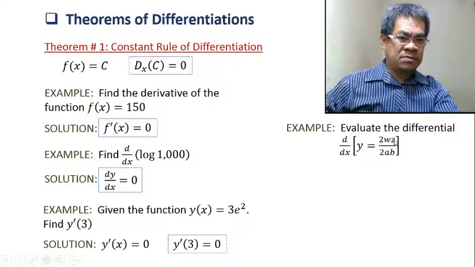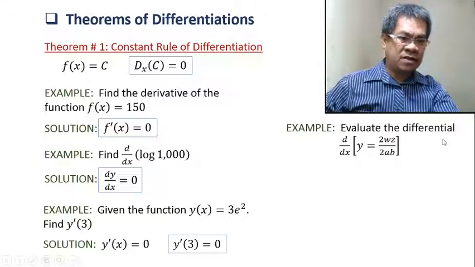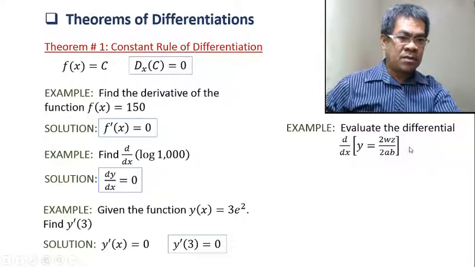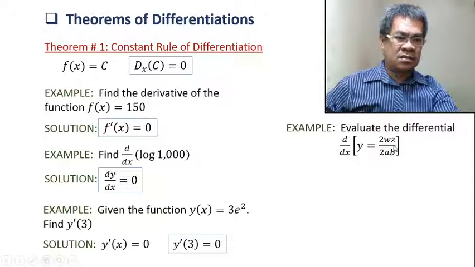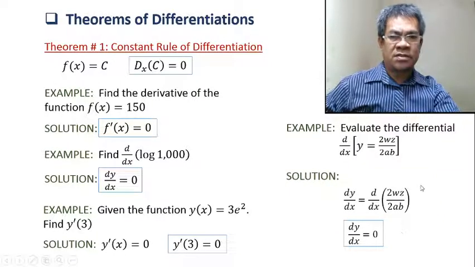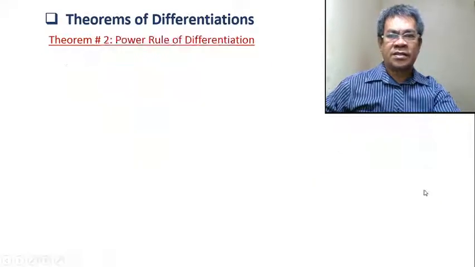Otherwise, if z were specified as a function of x, then we could not treat that as a constant. But in this case, there's no indicator that these literal variables are related to x. Everything can be treated as constant, so the derivative must be 0. Okay, that's it. Very simple.